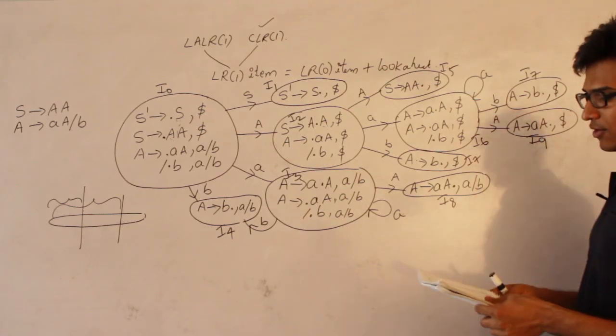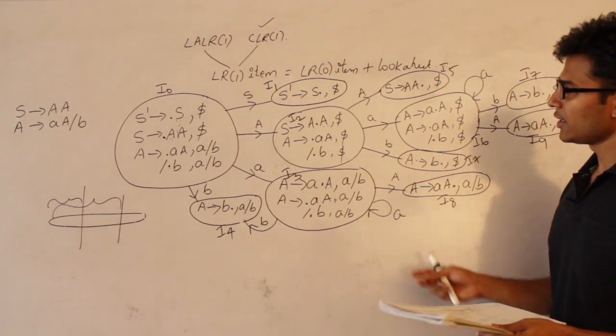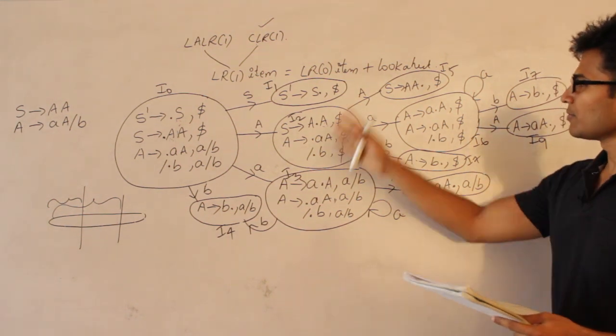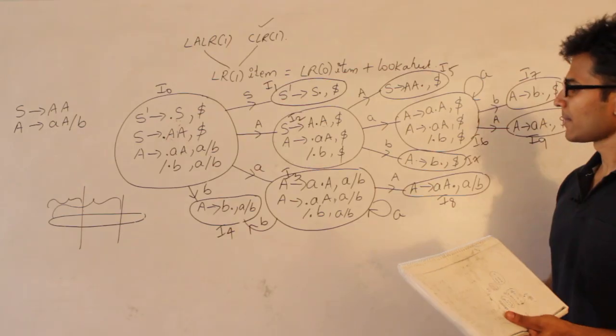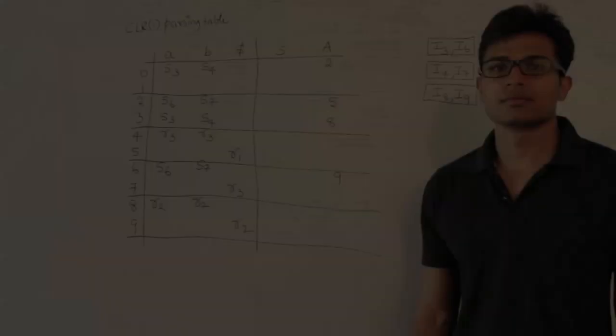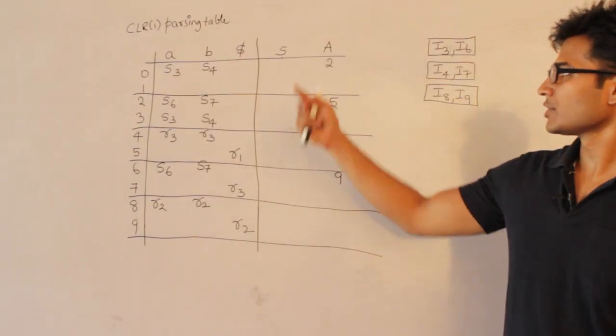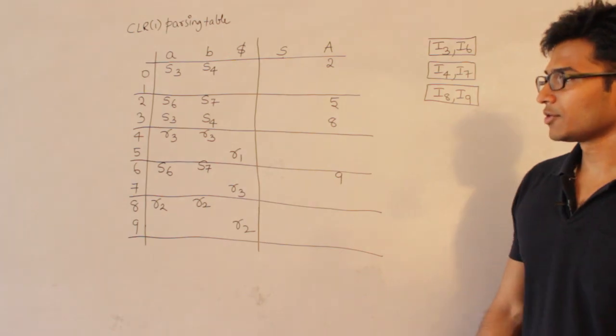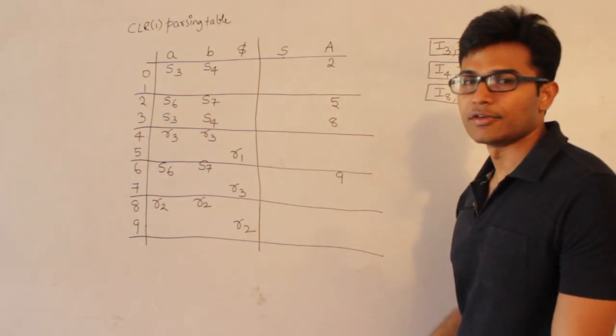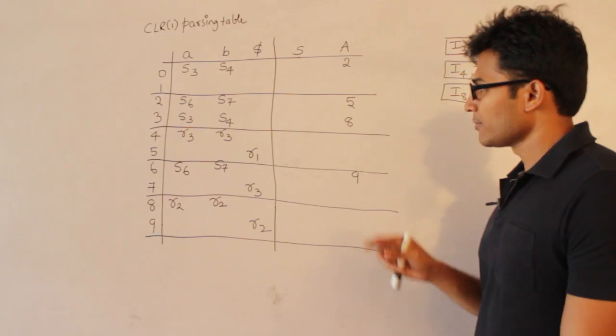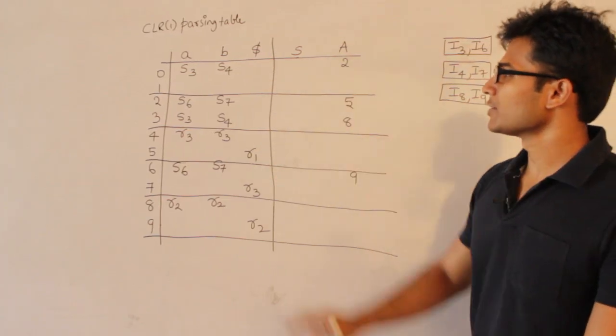Let me now show you how to construct the CLR1 parsing table from this canonical collection. This is the CLR1 parsing table for the previous example. Please refer to the state numbers that I have shown you previously. If you write the state numbers accordingly, you are going to get this parse table.